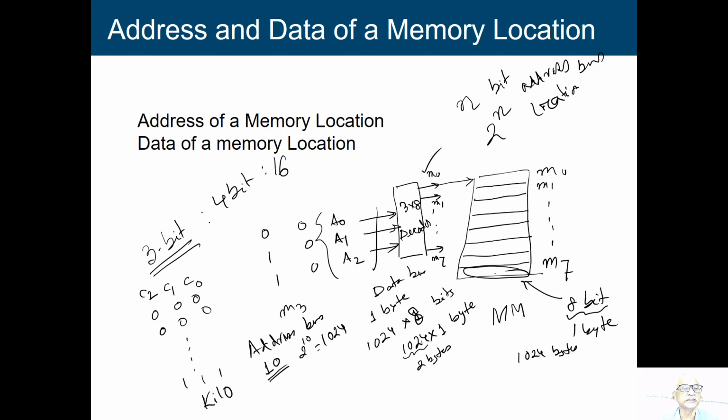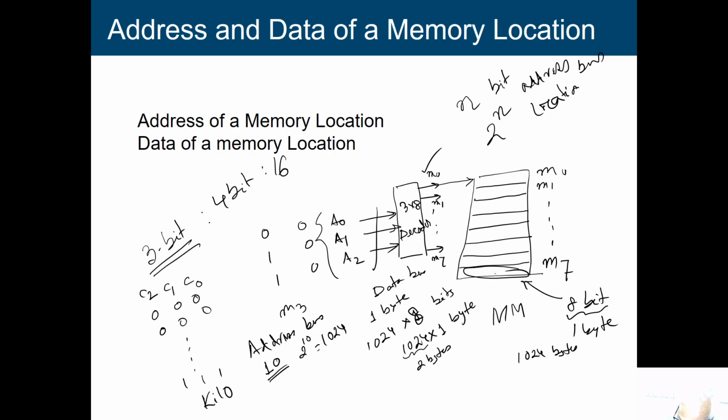If it is a 16-bit register, we can store 16 bits of information in it. These are two special purpose registers inside the processor, and they help us transfer information from main memory to the processor or from processor to main memory.